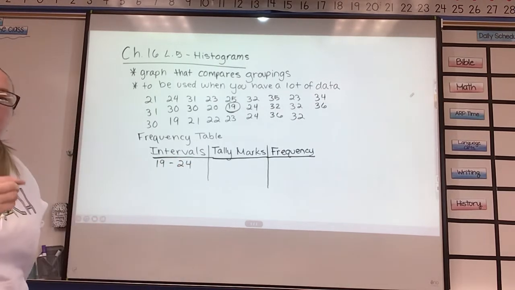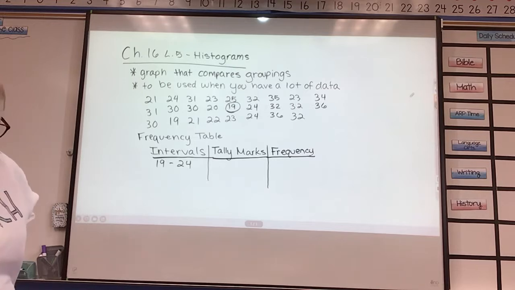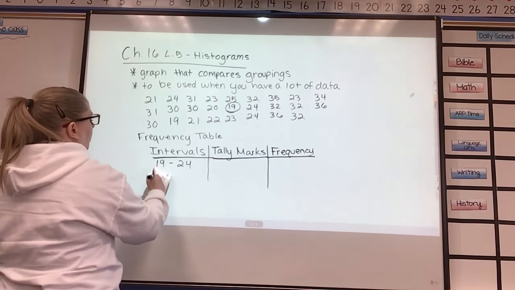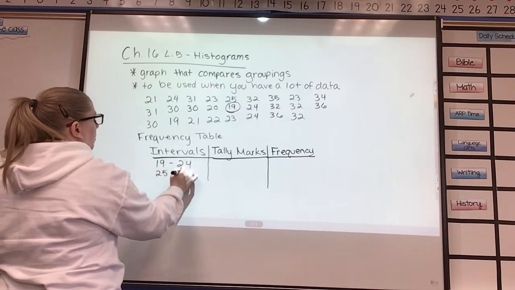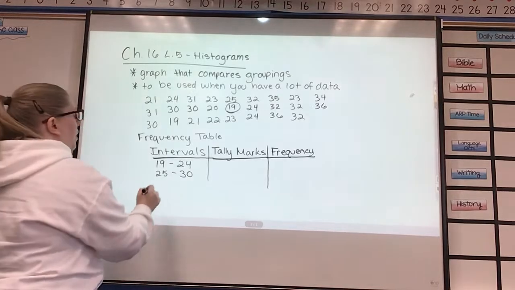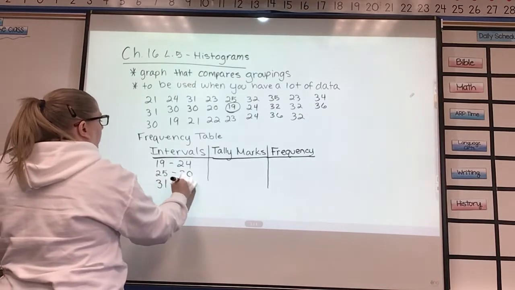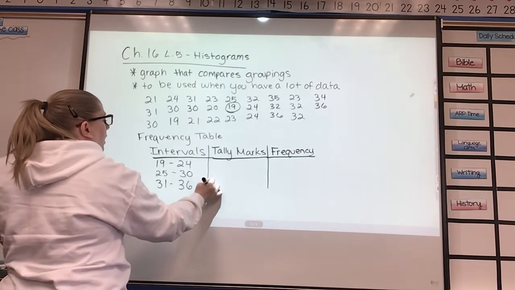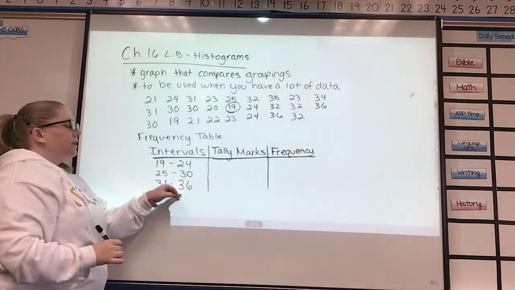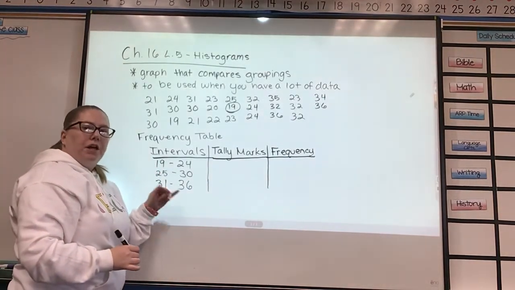So how many times does 19 through 24 show up is what I'm going to look for. And then I'm going to do 25 to 30 and 31 to 36. And you'll see that when you have these ranges, I have 5 in each range.